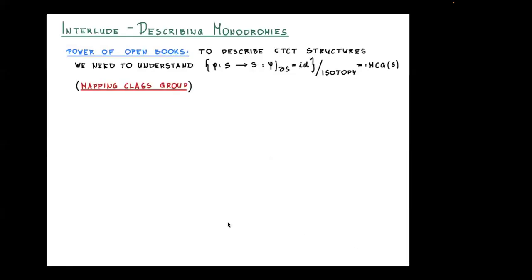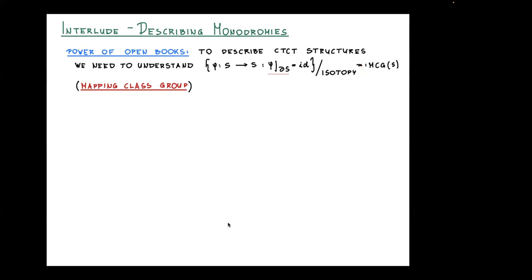I wanted to talk a little bit more about how to describe monodromies. We need to understand what kind of maps I can have, and I'm going to call this the mapping class group of my surface.